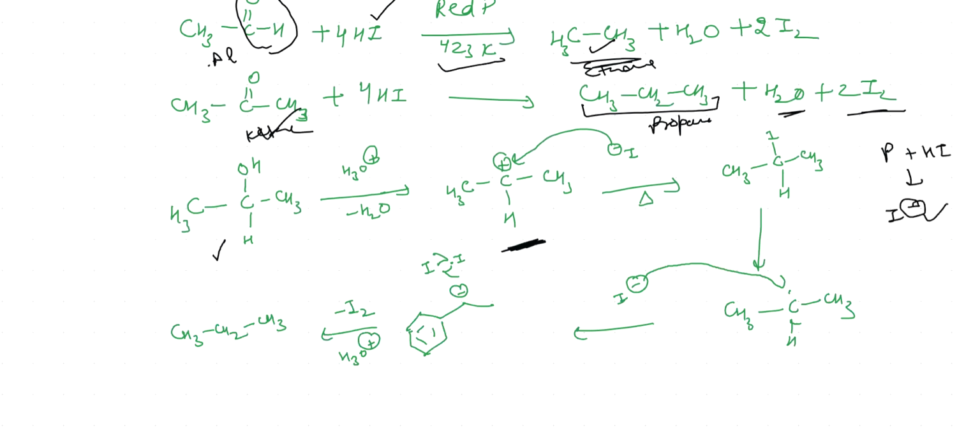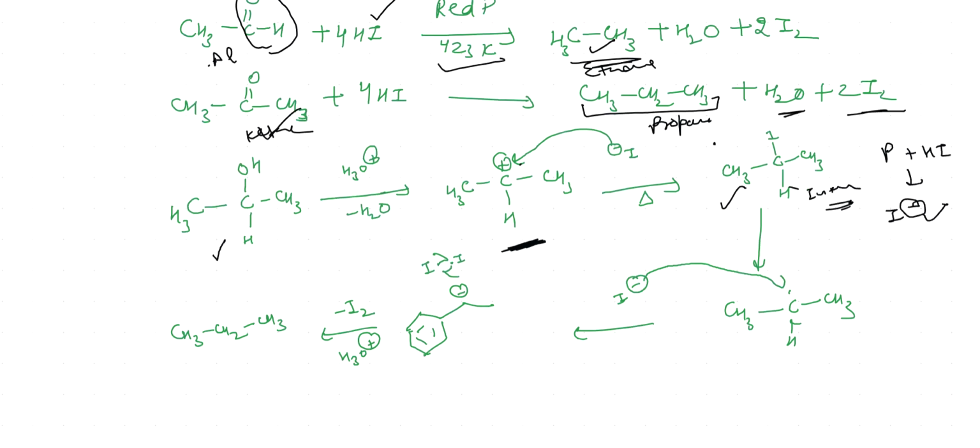This nucleophile will attack the carbocation. Then there is formation of a bond between carbon and iodine. So this is your intermediate in which there is a bond between carbon and iodine. So this is iodo propane, isopropyl iodide, you can say. Clear? Okay.